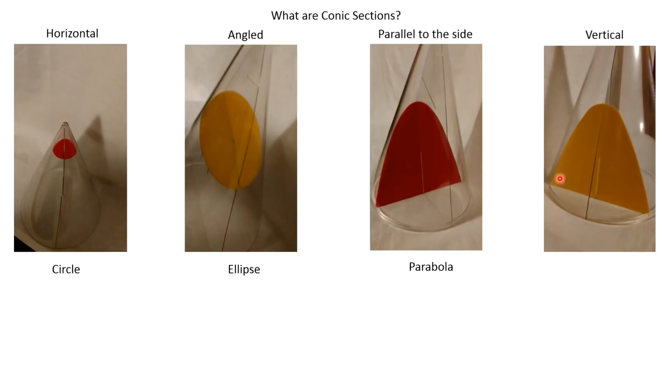But if you remember the hyperbola, it was the green one on the front screen that was on the bottom and on the top. There are 2 parts to a hyperbola. And why would that be? Well, that happens because this is not our cone with the cut in it.